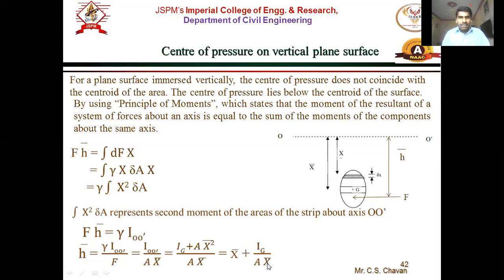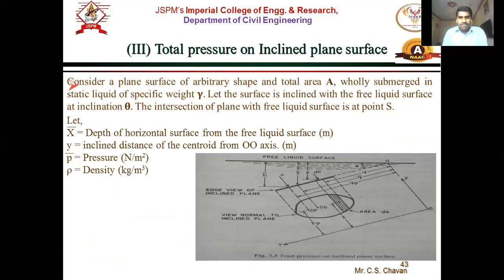Now similarly, the third derivation, which is just a little bit different. Here, as you can see, it is an inclined surface, right? The dark portion is an inclined surface, a random surface, any random surface.